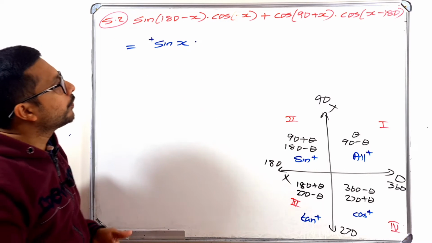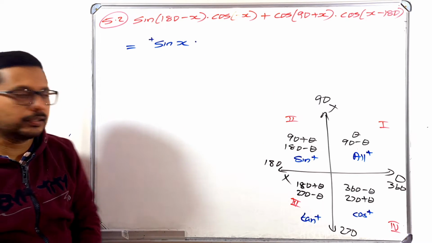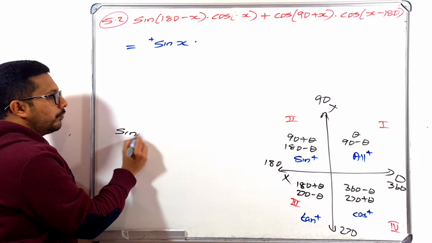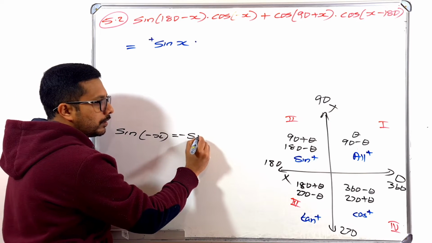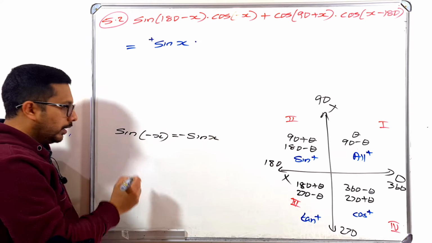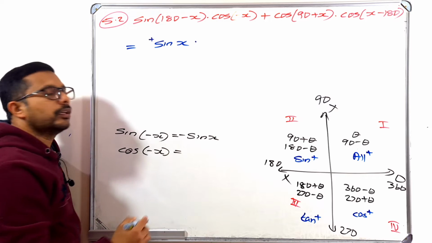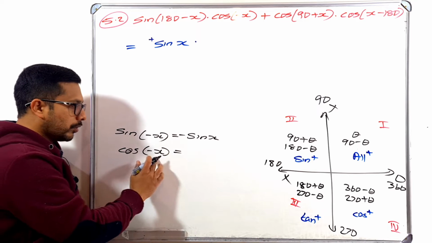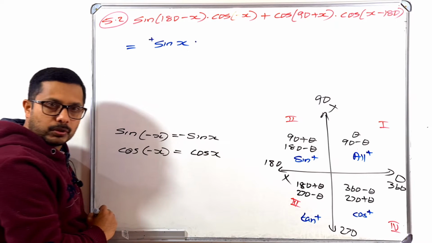Then cos of minus x. Cos of minus x is what? Sine of minus x, what is the answer? Minus sine x. Then for cos of minus x, you just remember it like this, then we can answer easily. Cos of minus x is not minus, it is positive cos x.